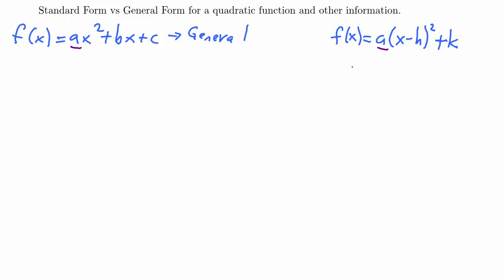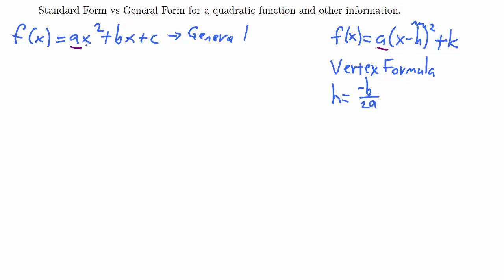Now, there's something called the Vertex Formula. And it specifically allows us to find h. H is negative b divided by 2a.